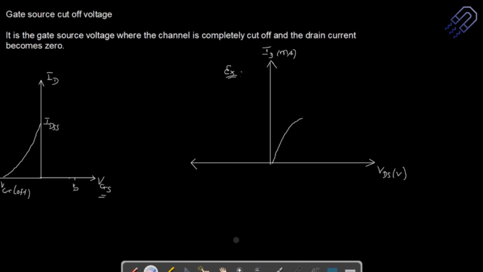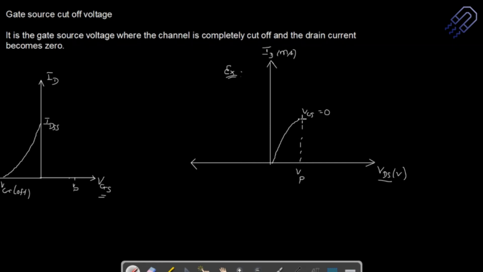I will take this to be VGS equal to 0. Even if the gate source voltage is 0, you can get the drain current depending on VDS. So this is your pinch off voltage. This diagram explains a lot.